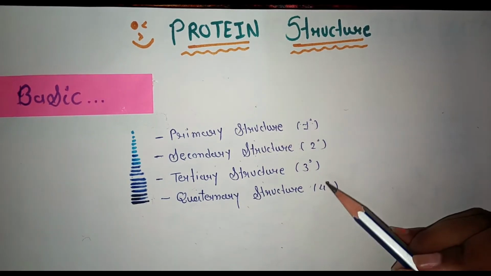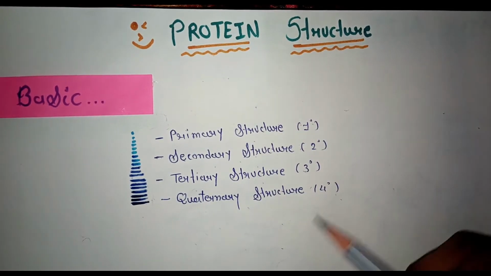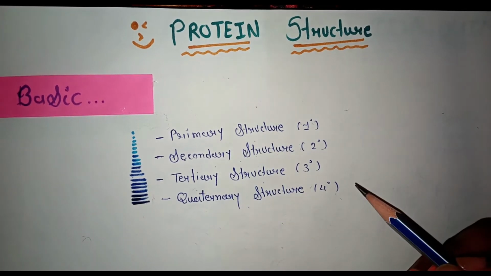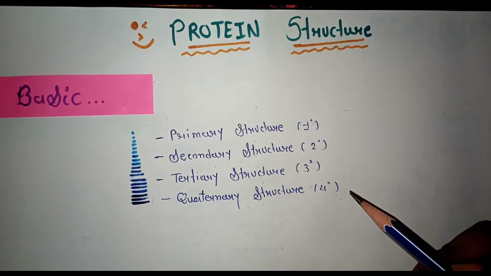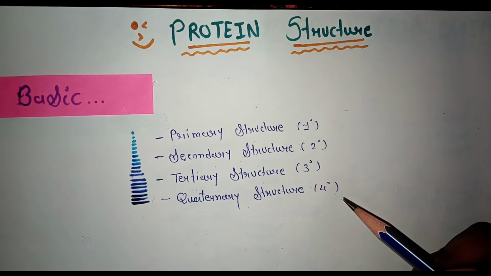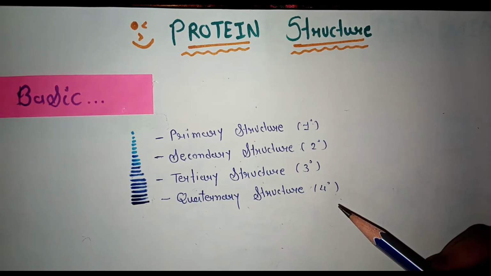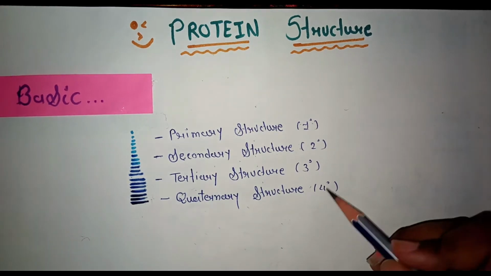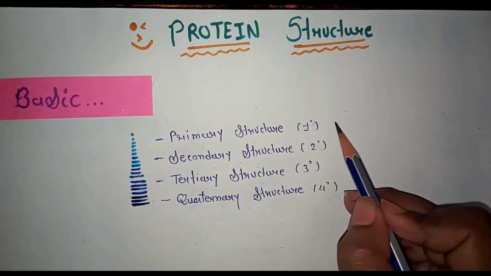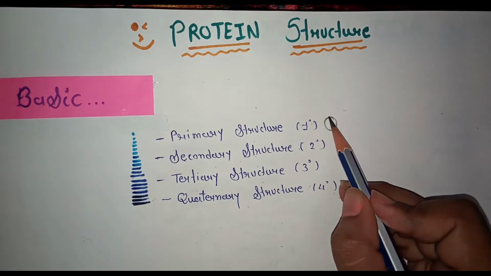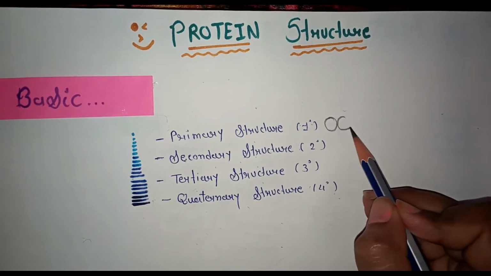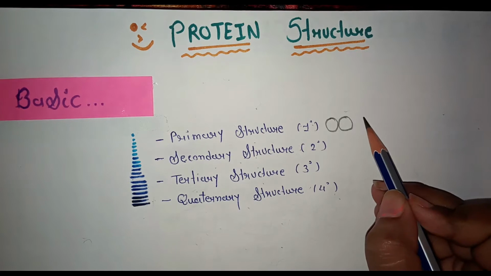Now, what is the primary structure? Simply a long chain of polypeptide, where amino acids are bound by peptide bonds, is known as the primary structure of any protein. As an example, assume this round molecule is one amino acid, and this is a second.